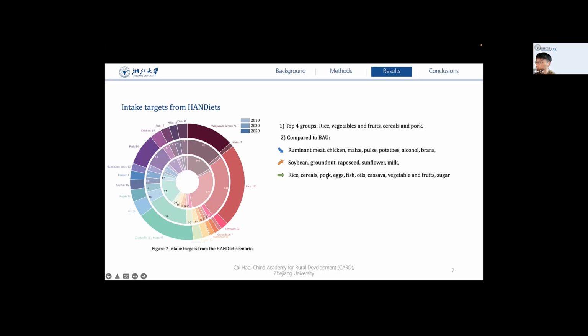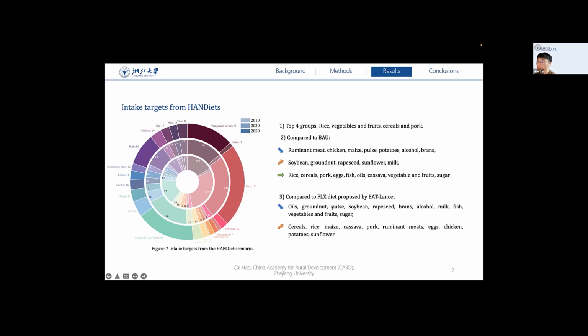Intakes of Chinese favorite foods like rice, cereal, and pork don't change much. And compared to the flexitarian diet proposed by EAT-Lancet, intakes of oil crops, milk, and vegetables and fruits are less, while rice, cereals, and animal products are suggested to be eaten more. So compared to the BAU and the FLX, we think the basic HAND diet scenario is more like an intermediate pathway for dietary transformation.